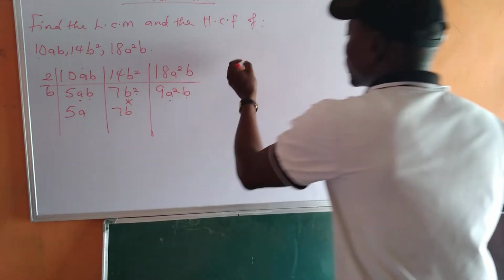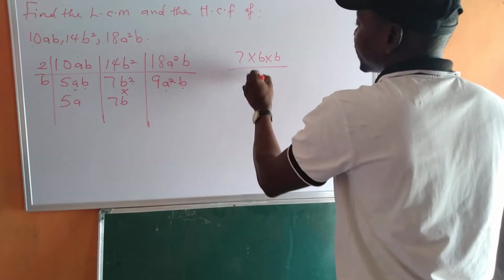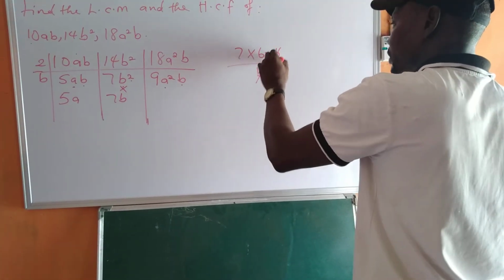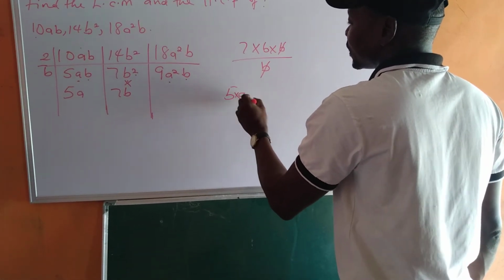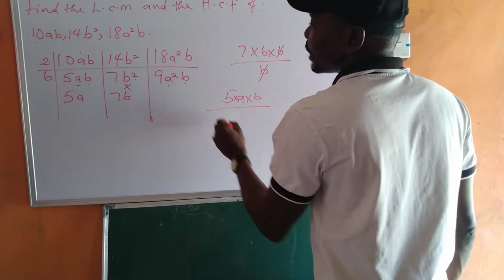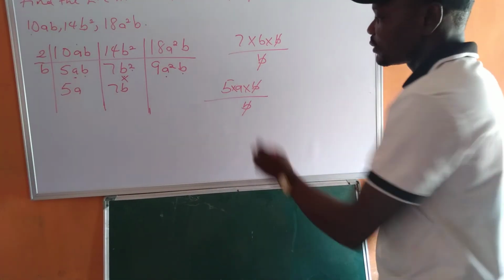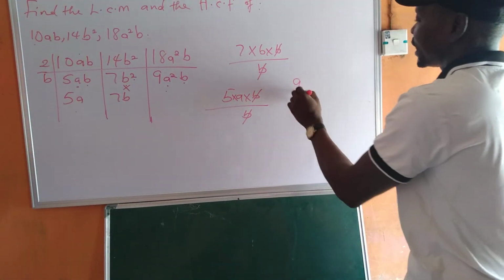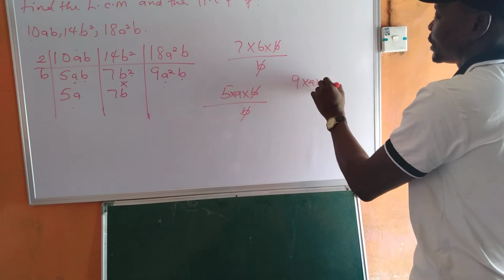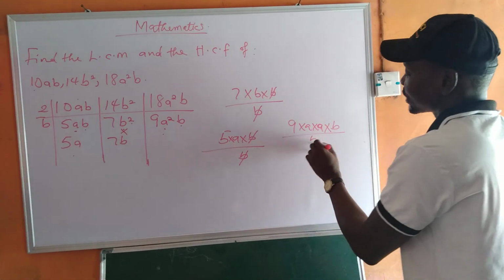When I say 7b squared, I mean 7 times b times b, divided by b, so 1b goes and it remains 7b. 5ab is 5 times a times b, divided by b: 1b goes, so it remains 5a. That's how I got this. And now this one, we have 9 times a times a times b, divided by that b outside.